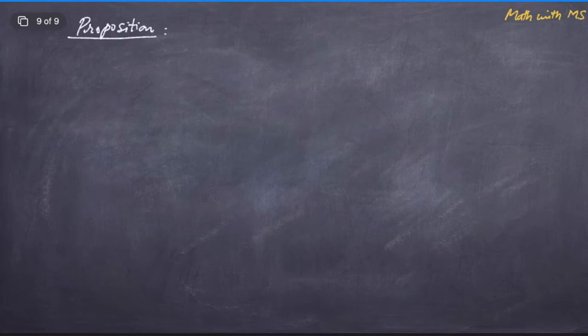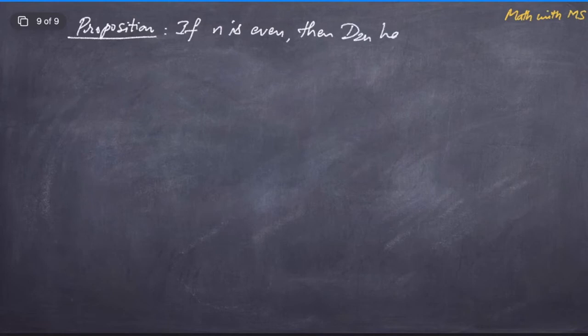Having computed the commutator subgroup of the dihedral group D2N, we can now write down the degree 1 representations of the dihedral group. So let us record them in this proposition. If n is even, then D2N has 4 inequivalent degree 1 irreducible representations.